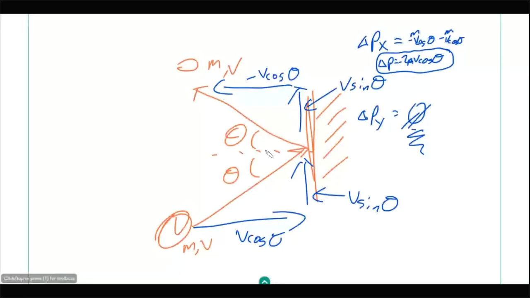If you do it as a different angle, it's still a change, so it's still final minus initial. So if these were not the same angle, let's say a 45 and a 30, you would then have to say that we are changing momentum in both the y and the x.